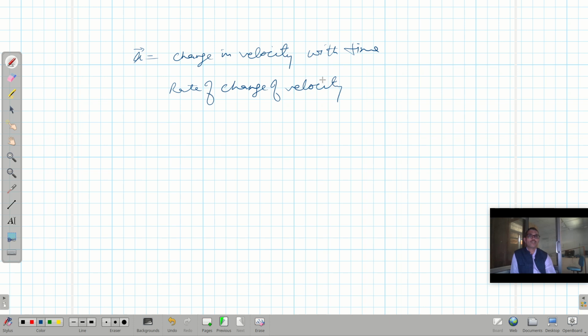I am not talking about it in detail because you have studied all these things in the lower classes. So I can write acceleration simply as dv over dt. So it is d upon dt of the velocity, which can be written as x dot i cap, y dot j cap and z dot k cap.